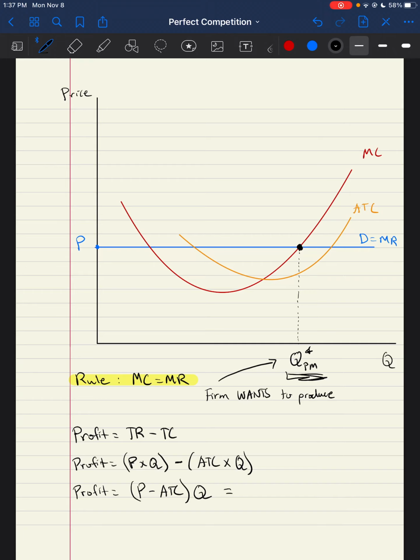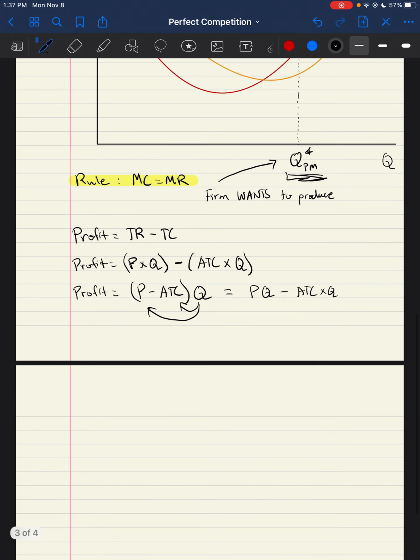And now if we were to distribute this, we would get P times Q minus ATC times Q. So really we're writing it just in a different format, okay?